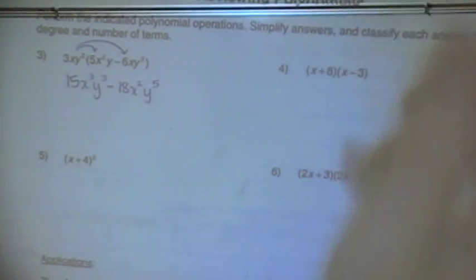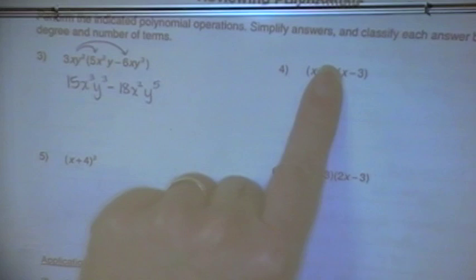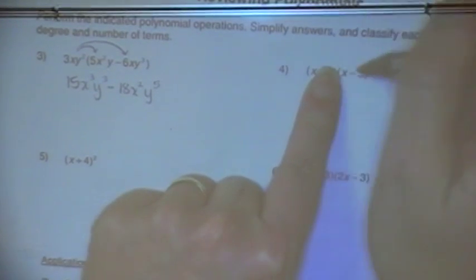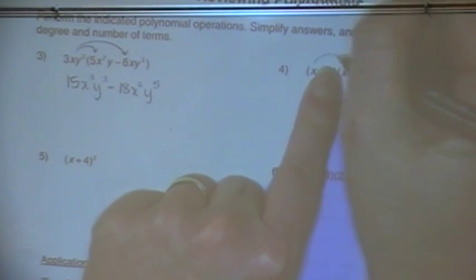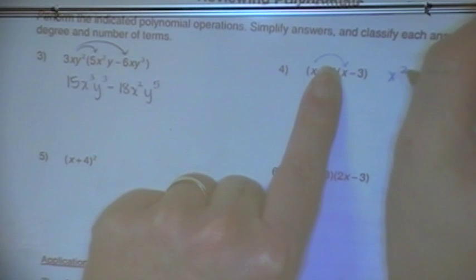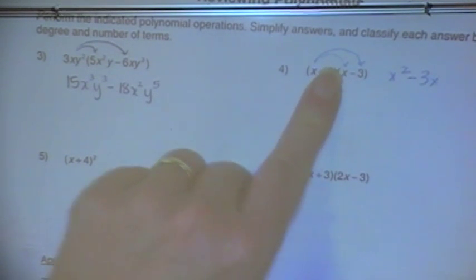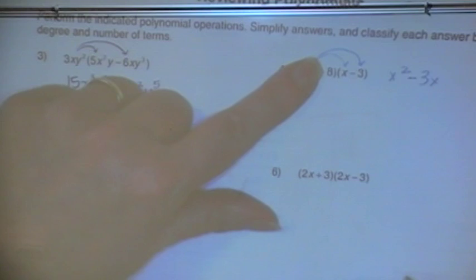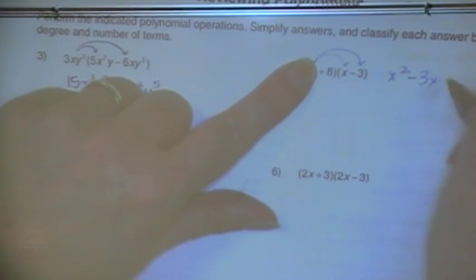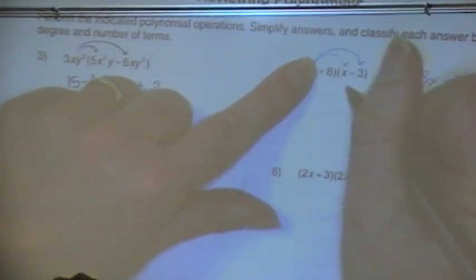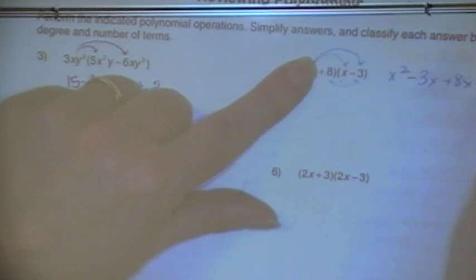I'm going to ignore this 8 and just distribute the x into this. So x times x is x squared. X times minus 3 is minus 3x. And then I'm going to just ignore the x and distribute the 8. So I will get plus 8x minus 24.